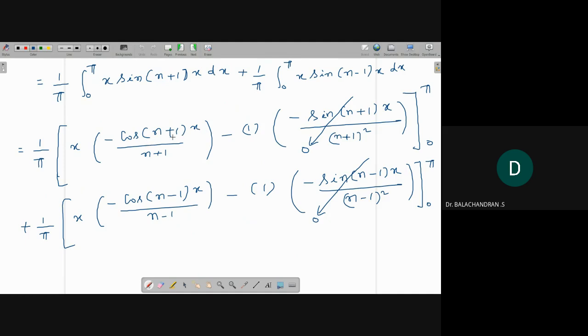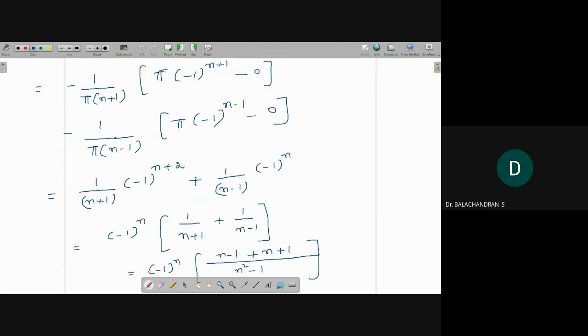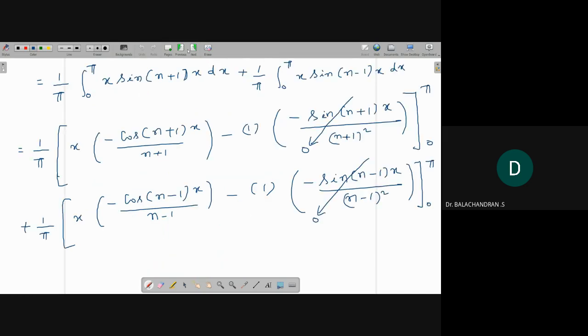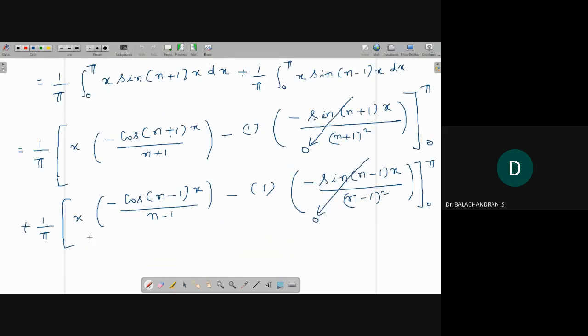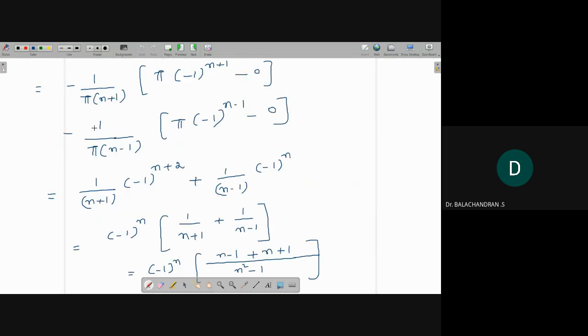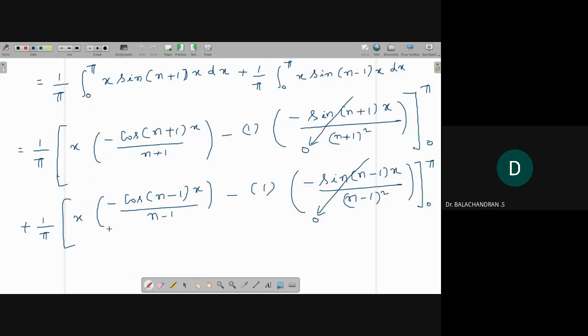So pi into minus 1 whole power n plus 1. And when x is equal to 0, the lower limit is 0. Similarly, here minus 1 by pi into (n minus 1), upper limit when x is equal to pi.